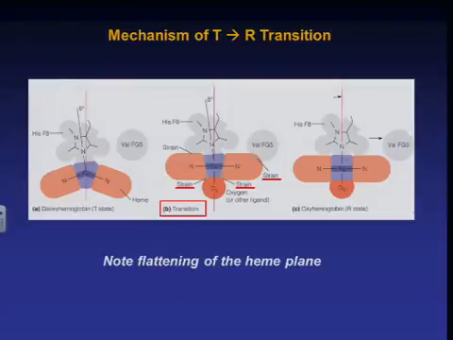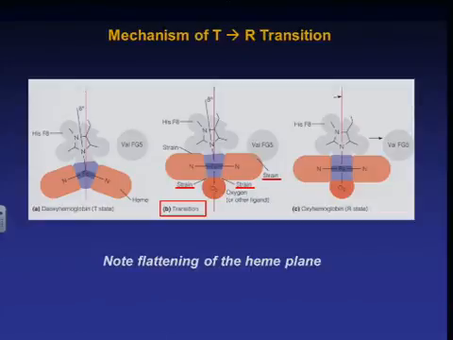Remember that? The oxygen is going to come in where? It's going to come in here. So when the oxygen binds here, it causes this heme ring to flatten out. And that causes this histidine, which is covalently bound, to shift into this plane. There's an 8-degree shift here. Okay?